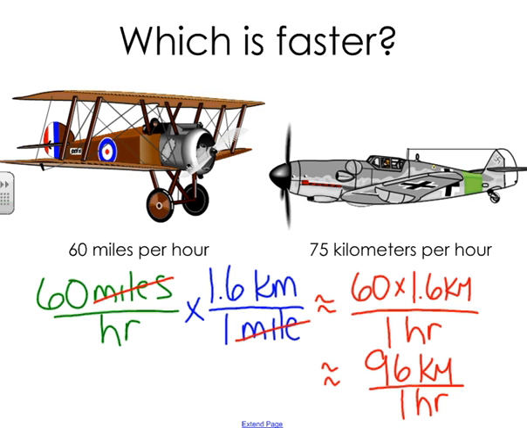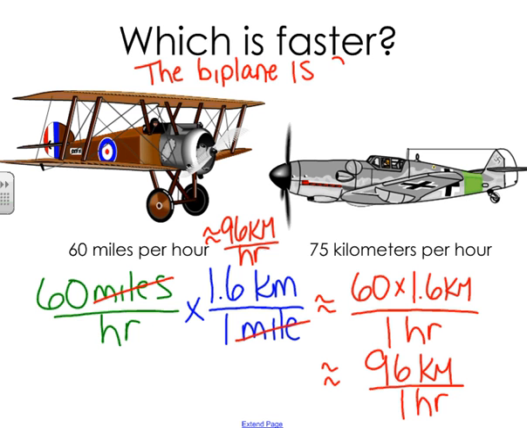So 60 miles per hour is approximately 96 kilometers per hour. Now it's really easy to compare those two, and I can see that the biplane is actually traveling at a faster speed. And I can add in some specific information and say that it's traveling about 20 kilometers per hour faster.